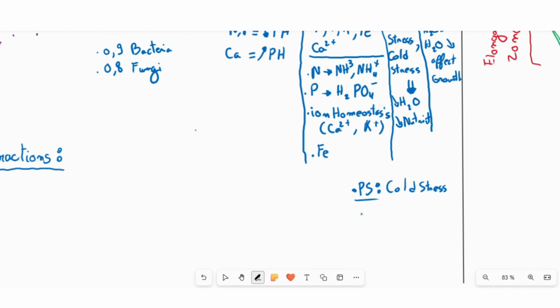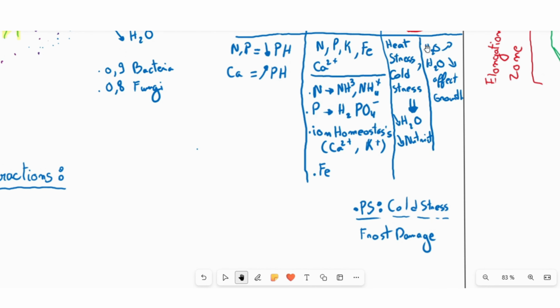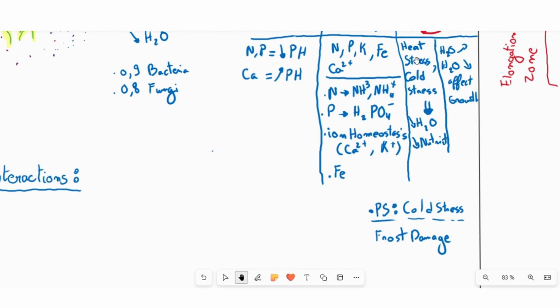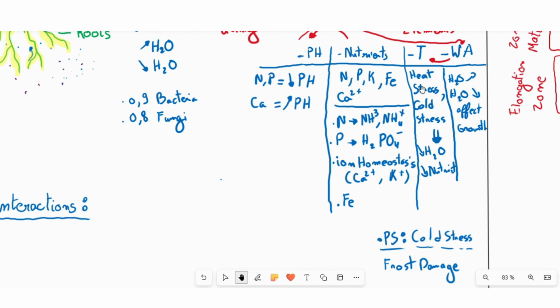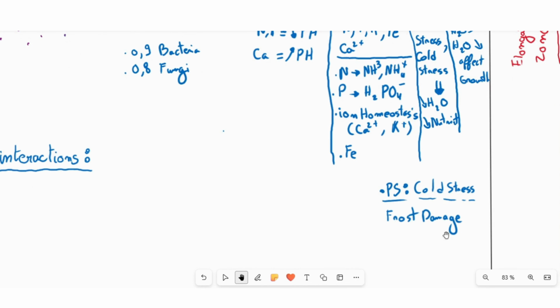Why? It's because there are certain microorganisms, certain bacteria, certain pathogens that can cause frost damage by certain biochemical reactions, and they're going to cause the creation of ice crystals along the roots, causing frost damage. Also, when we say heat stress, there's also heat damage, because on the cellular level this is going to cause heat damage. So heat stress, heat damage, cold stress, frost damage. And the frost damage can happen even in normal temperatures.